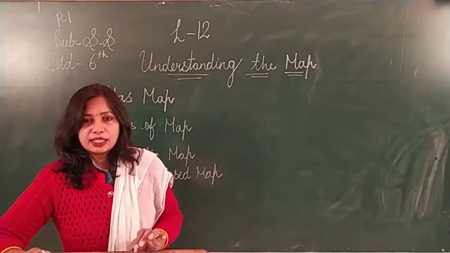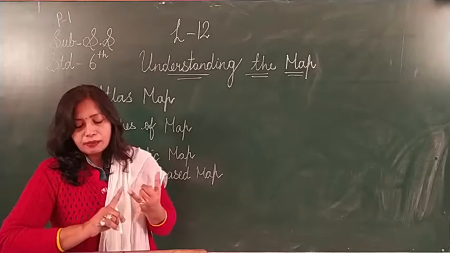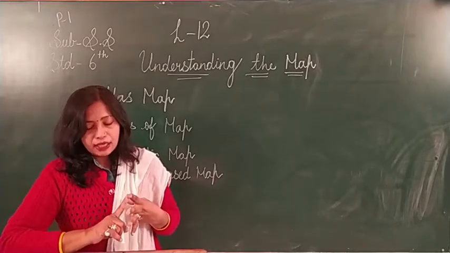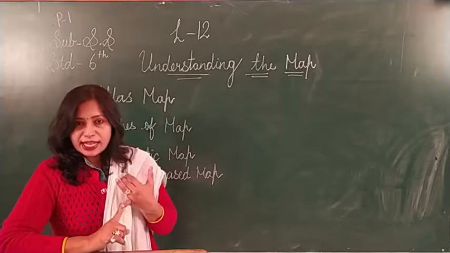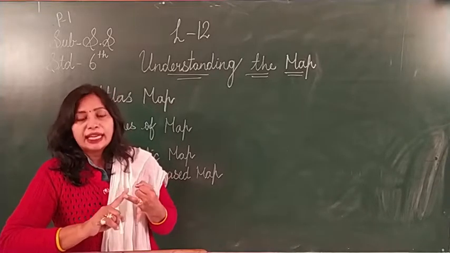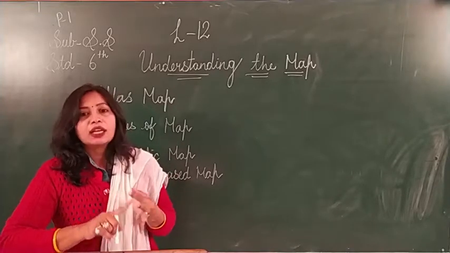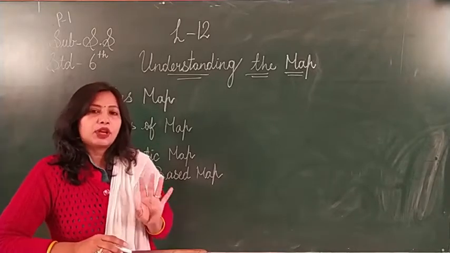In physical details it contains mountain, plateau, river, plain and lake, etc. And in cultural details it will come transportation, industries, farming, irrigation, etc.